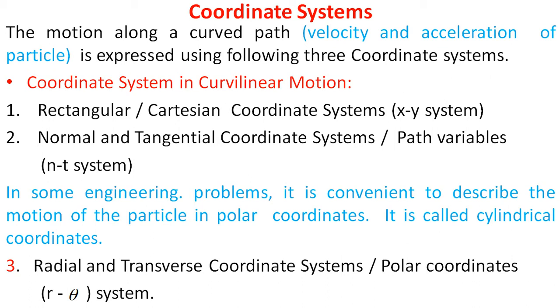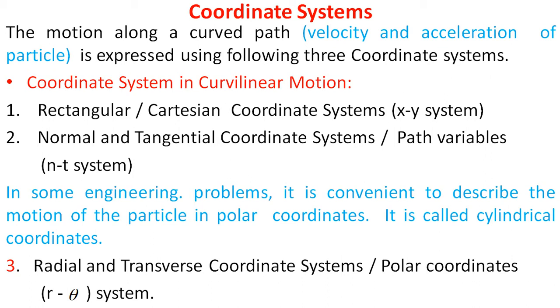In some engineering problems, it is convenient to describe the motion of the particle in polar coordinates. It is called cylindrical coordinates or R theta system, radial and transverse coordinate system, polar system. These are the different names for the polar coordinate system or radial transverse coordinate system.